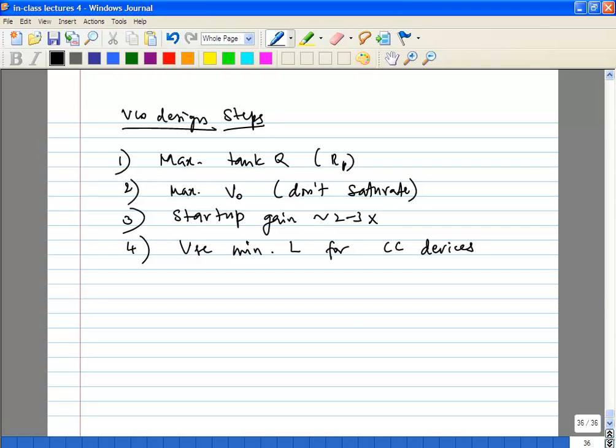You want to maximize tuning range? Start off with minimum lengths for your cross coupled transistors. Later, if you do see noise coming from them, say 1 over f noise, you might need to increase the length a little bit, but you need to worry about that later. For starting off, this is good because they are going to switch faster. They are going to have better FT, which means you can reduce your current in the device.